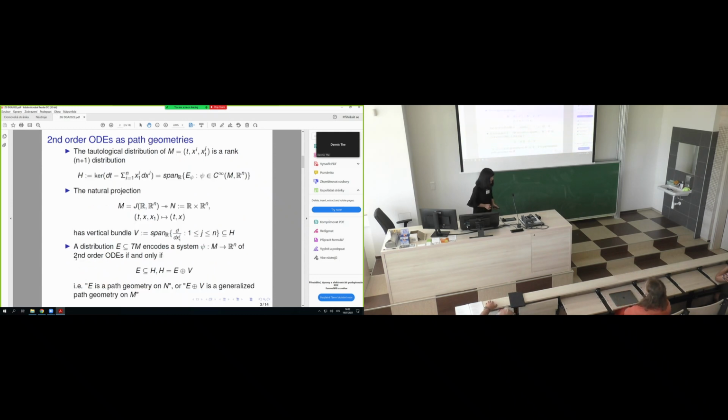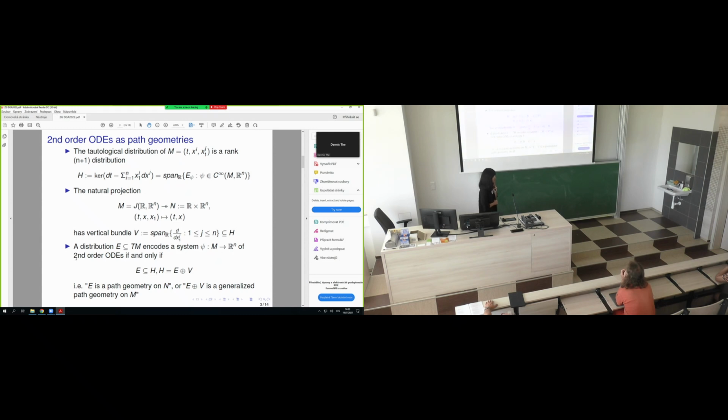First, I describe the distribution that is generated by all such rank 1 distributions I want to consider. Namely, it's a rank n plus 1 distribution, which is free in the t direction and free in your x1 direction, and in your x direction is totally determined by your entry in d by dt.